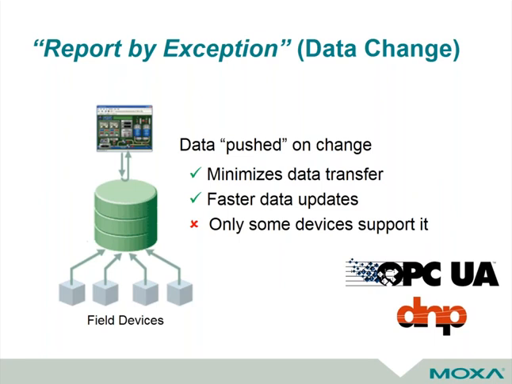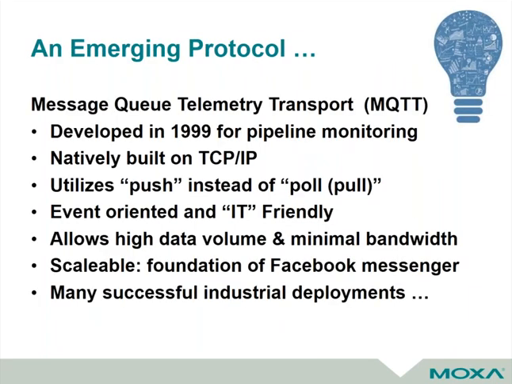I want to take this a little further and talk about another protocol that has maybe a little more acceptance in IT and in terms of industrial Internet of Things. It's a protocol called MQTT, and it's kind of interesting because its acceptance has been more in terms of IT, but its roots really go back to industrial automation for pipeline monitoring, dating back to about 1999.